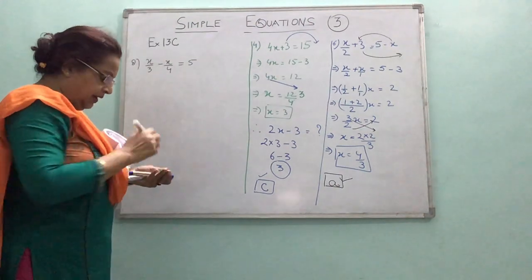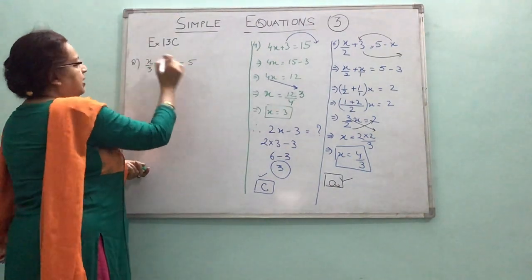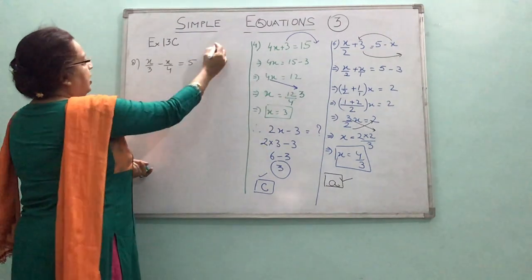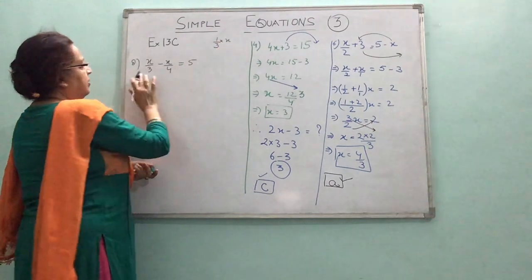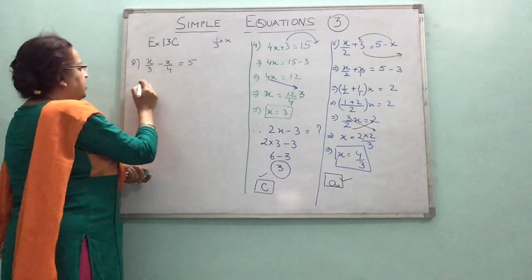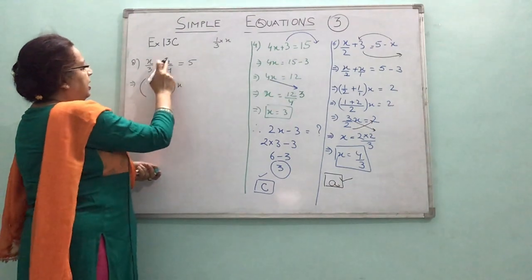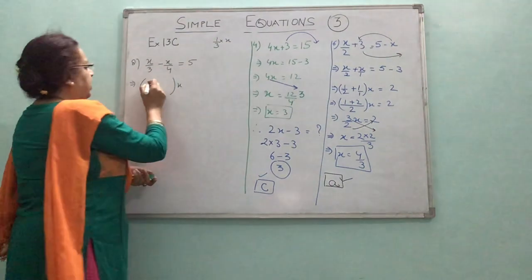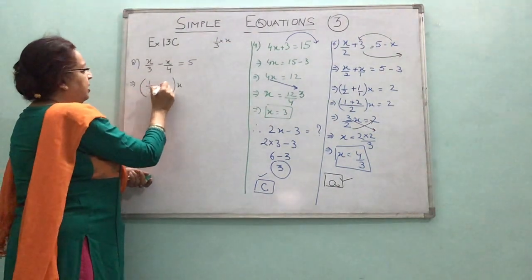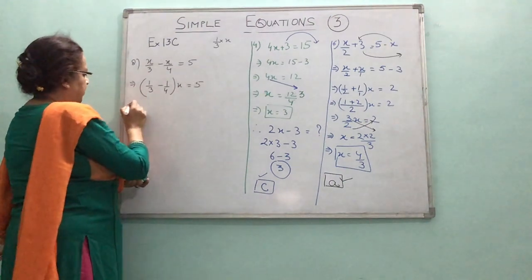Here also, children, to make work easy, x by 3 is actually 1 by 3 into x, so I can take x common. And x by 4 is actually 1 by 4 into x. So it would be (1 by 3 minus 1 by 4) x is equal to 5.